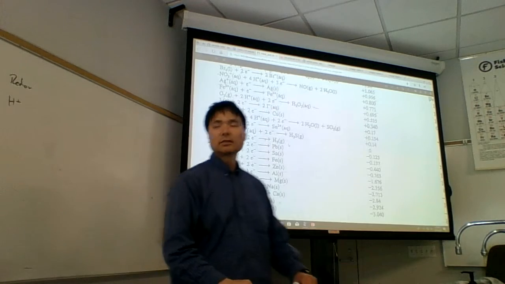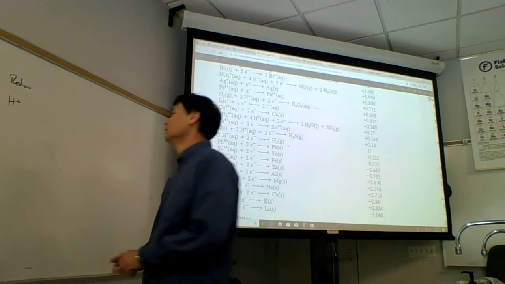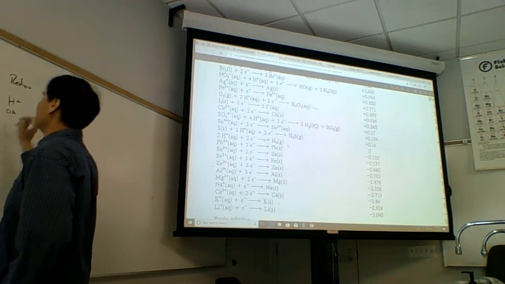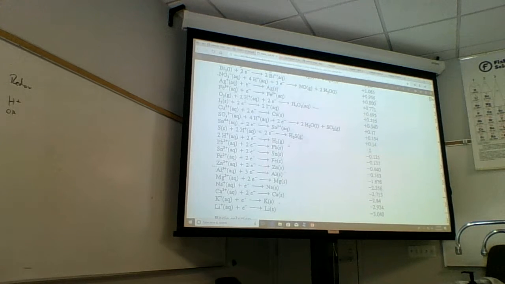That's an oxidizer. It only occurs on one side. H plus is an oxidizer. Well, if H plus is an oxidizer, what will it oxidize? Will it oxidize everything? No, what will it oxidize? Tell me what it will oxidize, or give me a list.